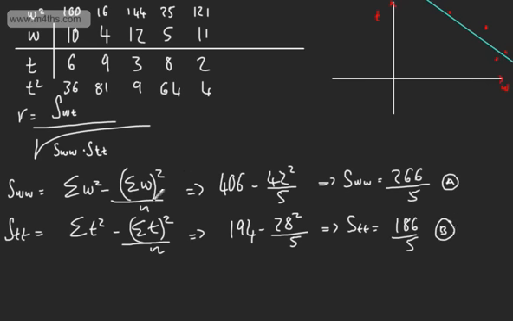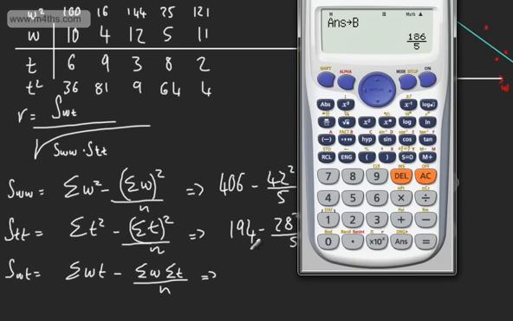Right, okay, let's now look at the next one. So what we've got then is SWT. Okay, so we've got now the sum of WT minus the sum of W multiplied by the sum of T over N. So what have we got? If we multiply these, we're going to have 60 plus 36 plus 36 plus 40, and then we're going to have plus 22.